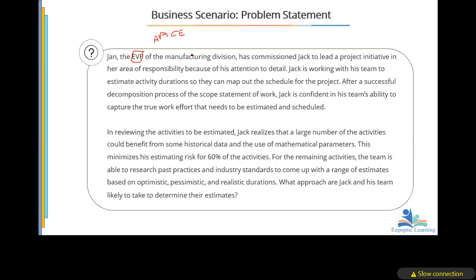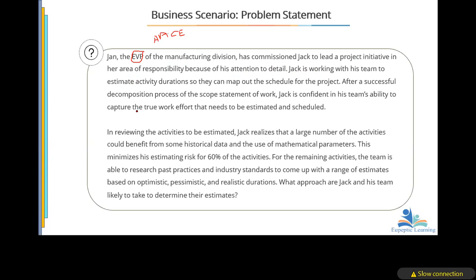So when it comes to costing in cost management and all those things, that is their field. EVPs too, they tend to look at whether the project is on schedule, so this one is more of a monitoring and control kind of thing. So the EVP of the manufacturing division has commissioned Jack to lead a project initiative in her area of responsibility because of his attention to detail.